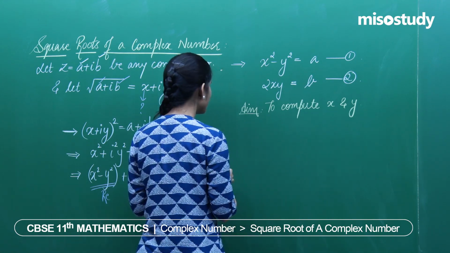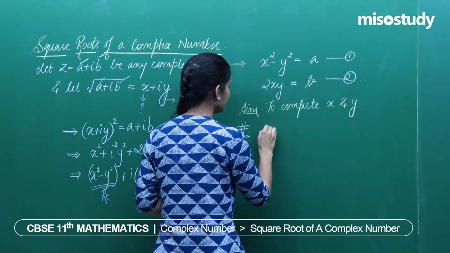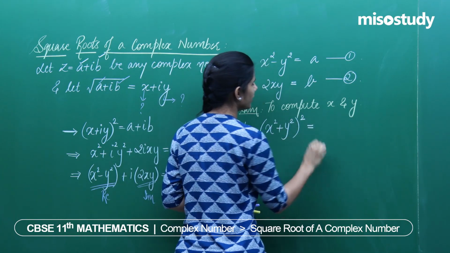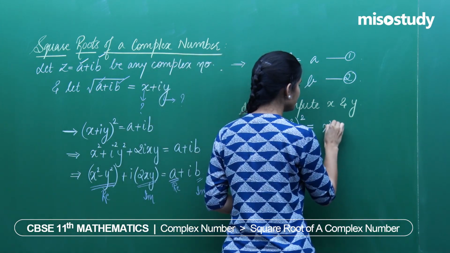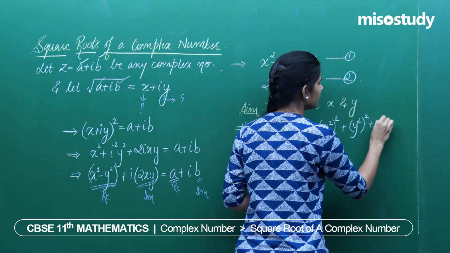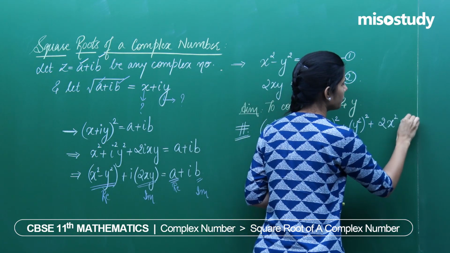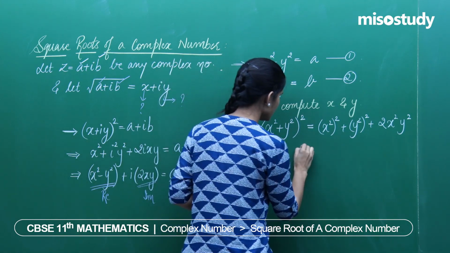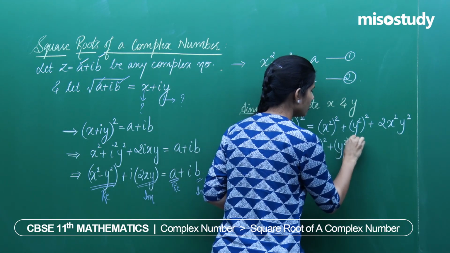So what I do is, this is something that should be thought by you on your own. If I take x square plus y square whole square, this happens to be x square whole square plus y square whole square plus 2x square y square.